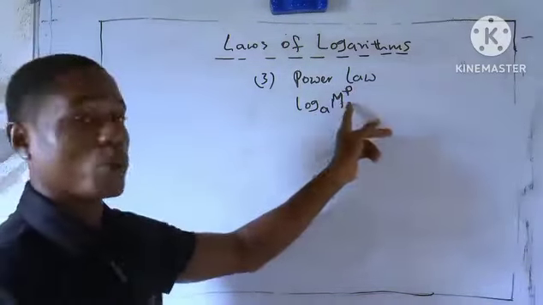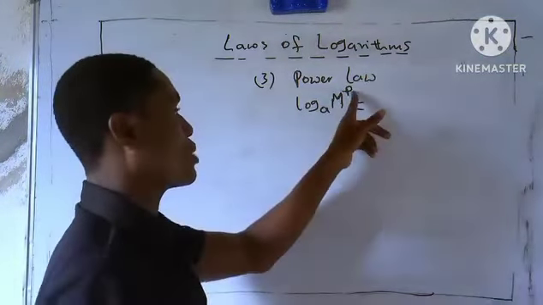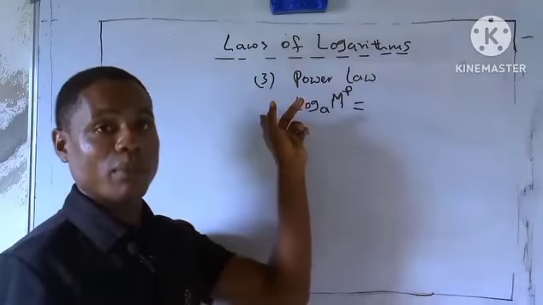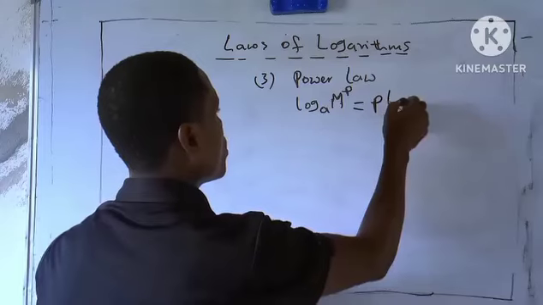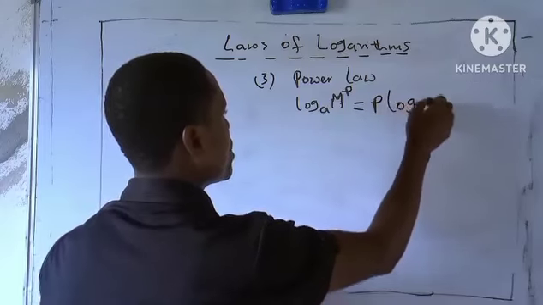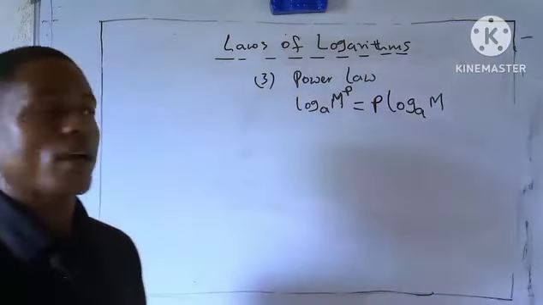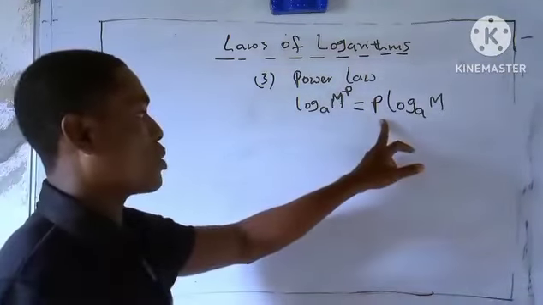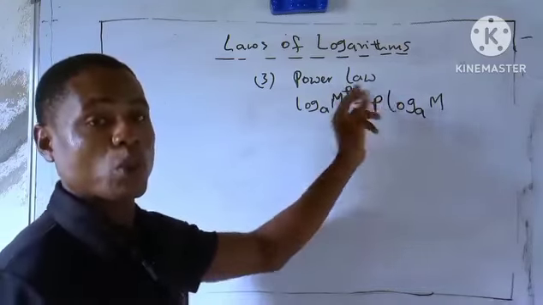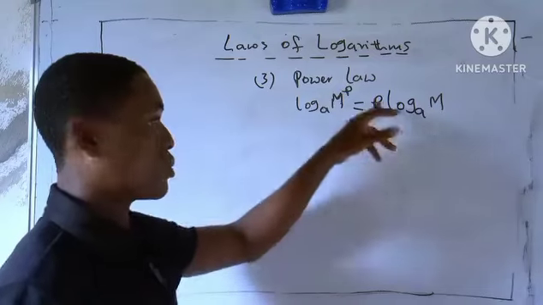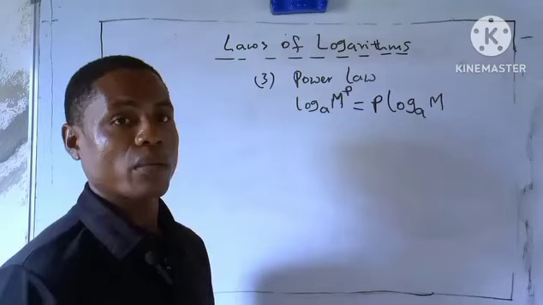So if you have something like this, what you do is move this exponent to the back of log. So it will be p log base a of m. Are you getting it? So this is the third law. If you have something in this form, you will move this number or alphabet to the front of log, then log base a of m.